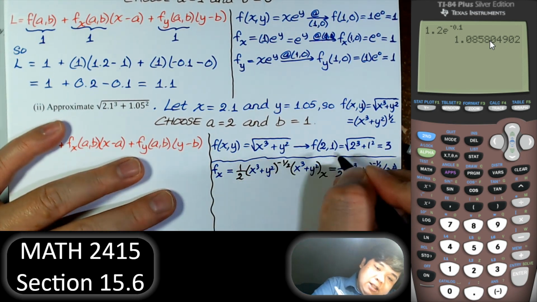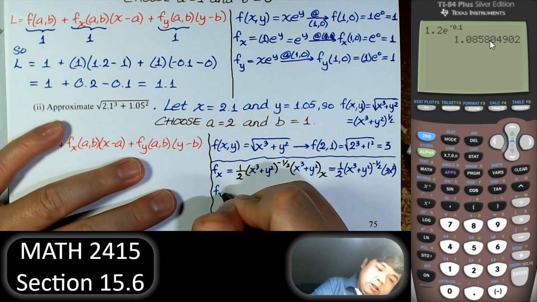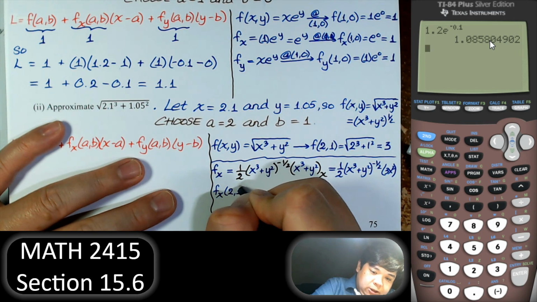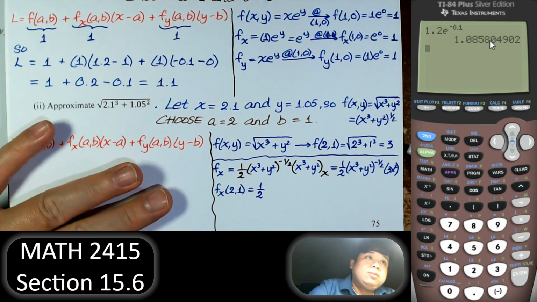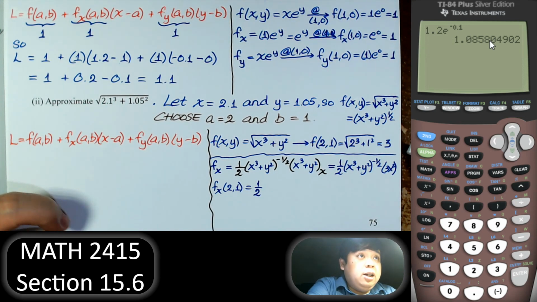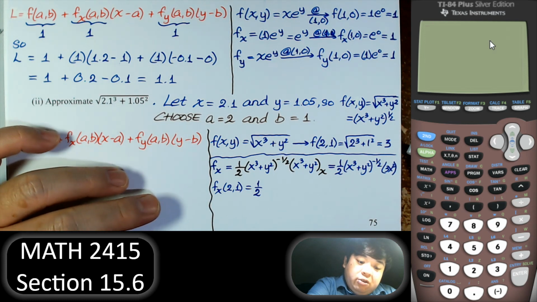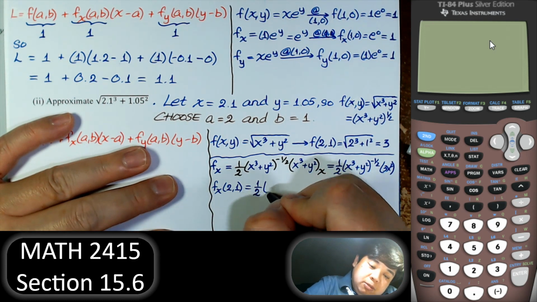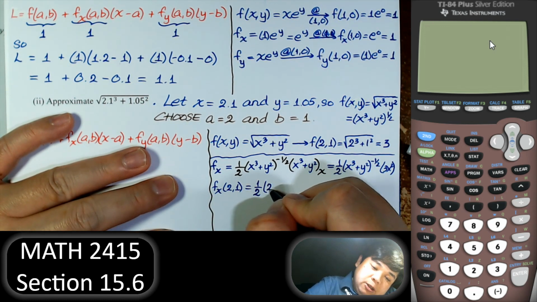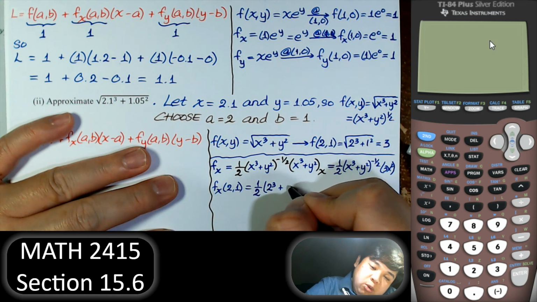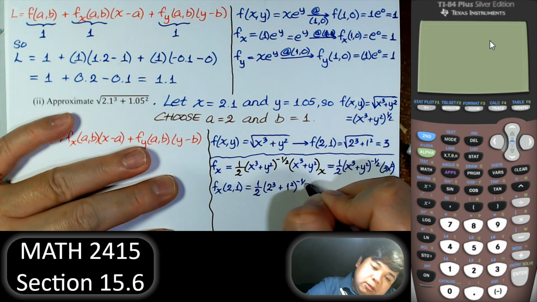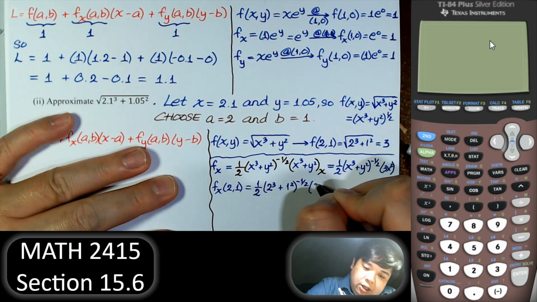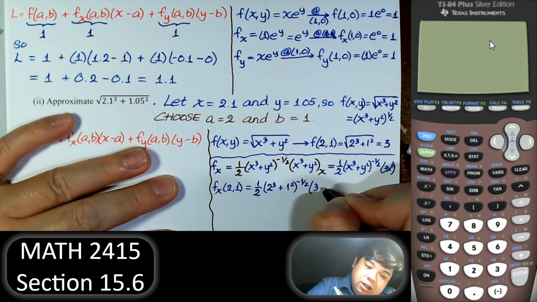And then plug in 2 and 1. Sorry, I should have more space for this one. x is 2, y is 1, and then 3 times x squared, x is 2.